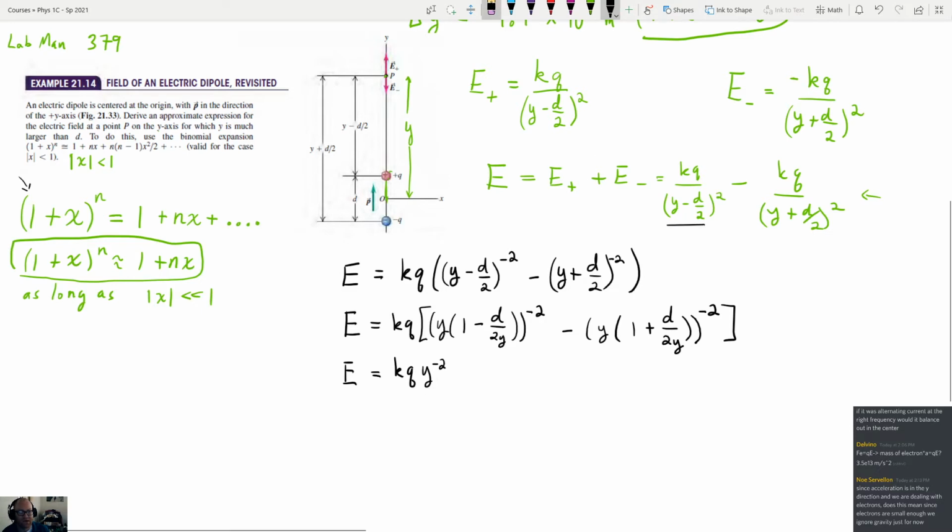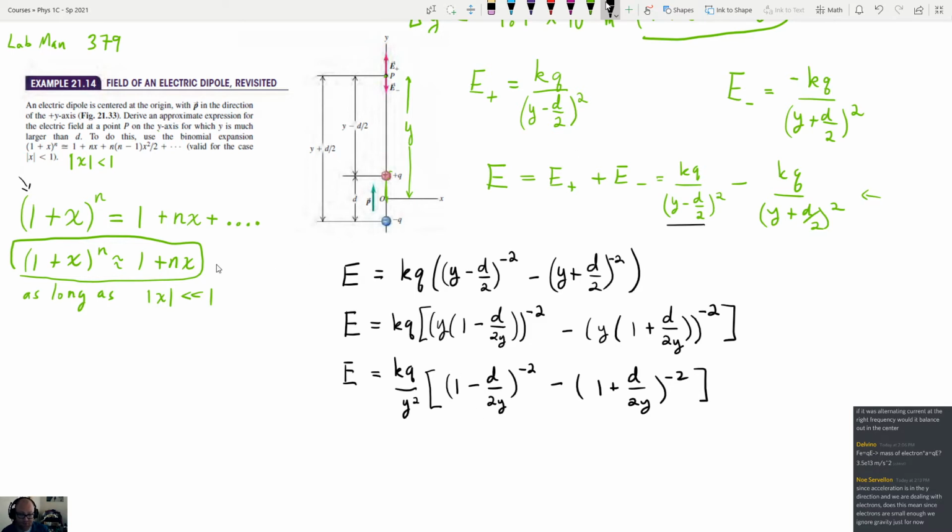I don't like writing it like that, so I'm just going to write it in the denominator as y squared. Okay, so now what we have is 1 minus d over 2y to the negative 2, minus 1 plus d over 2y to the negative 2 power.